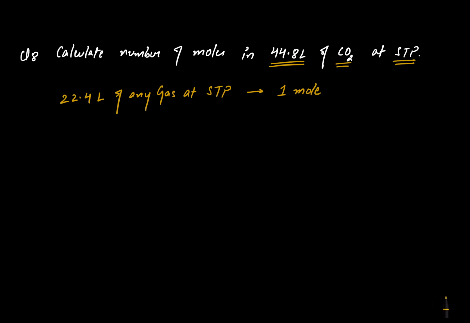Then 44.8 liter of CO2 at STP will make up 1 divided by 22.4, into 44.8. It comes out to be 2 moles. That was a very easy question, my dear students. Hopefully you understood this question. Now let's move to the next numerical.